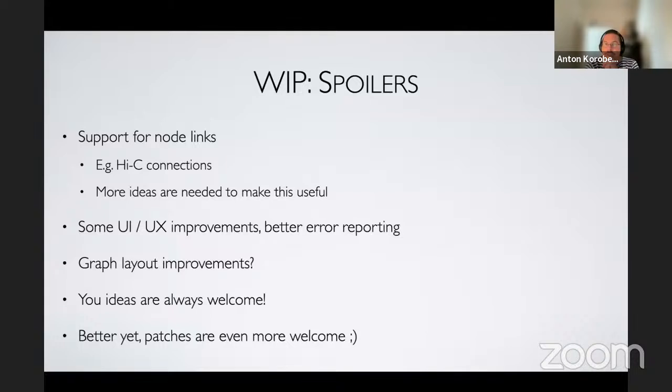The basic support is out there, but definitely more ideas are needed to make this a useful feature, because for Hi-C links, usually we have a connection of almost every segment or every node with any other node. So we need to have some kind of filtering to make this actually useful for curation applications or other visualizations.